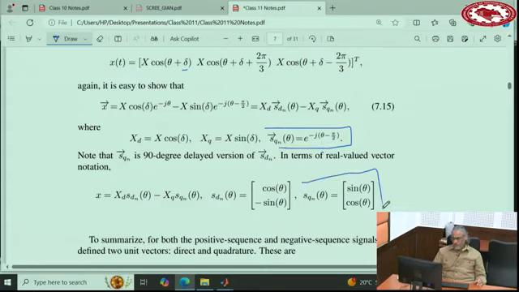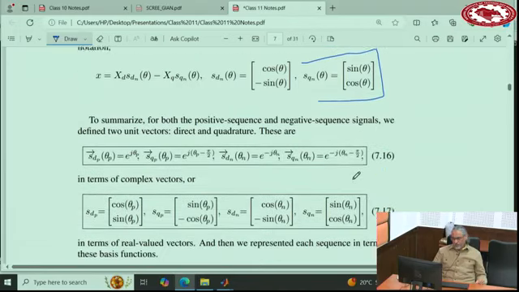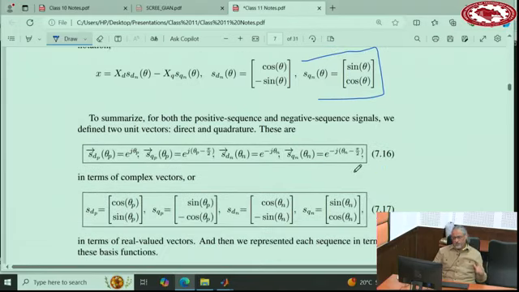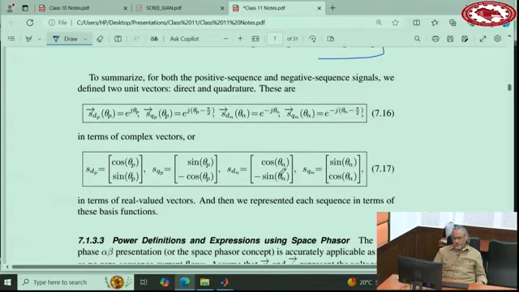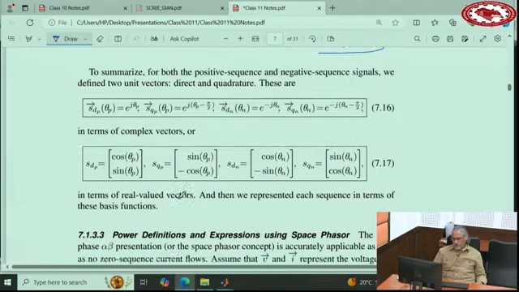So SQN is 90 degrees behind SDN. Summary. These two equations summarize everything, basically. You define these four vectors, SDP, SQP, SDN, SQN, either in complex or in real domain.